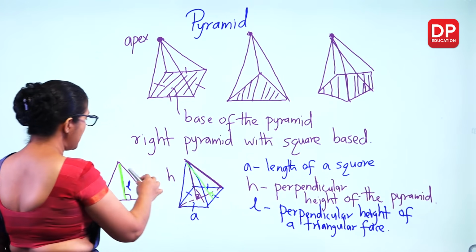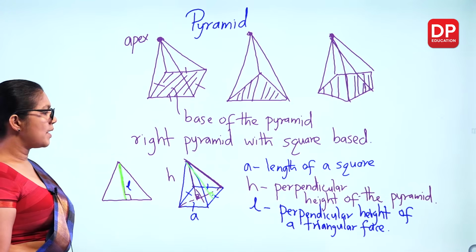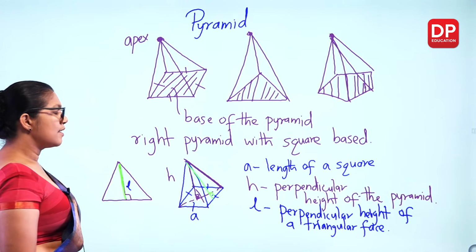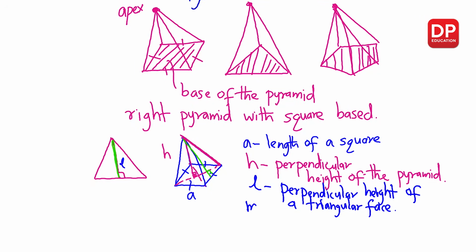Then I told you we need the slant. Sometimes you need the slant length as well. So slant length we can take as M, the slant length of a pyramid.